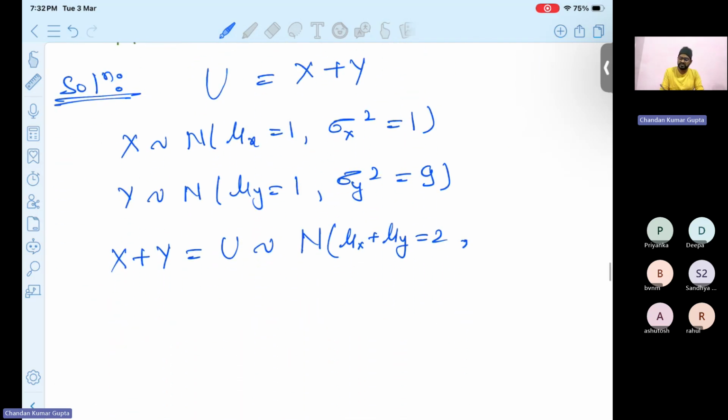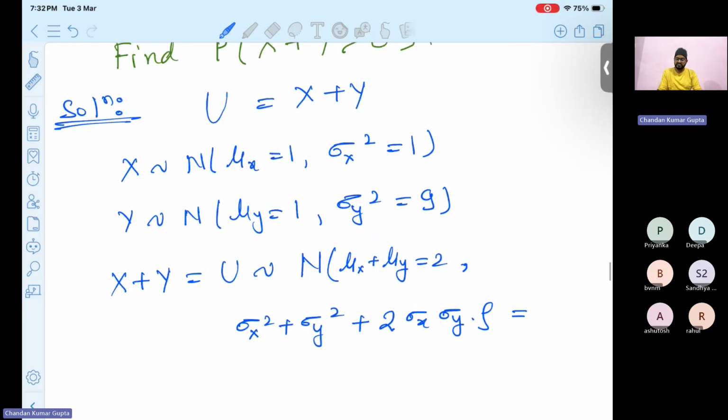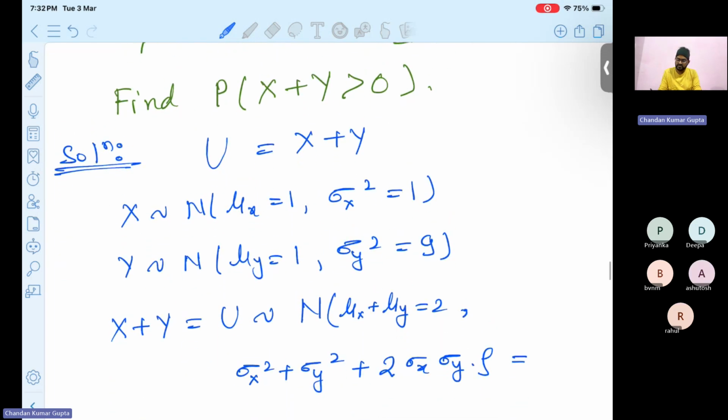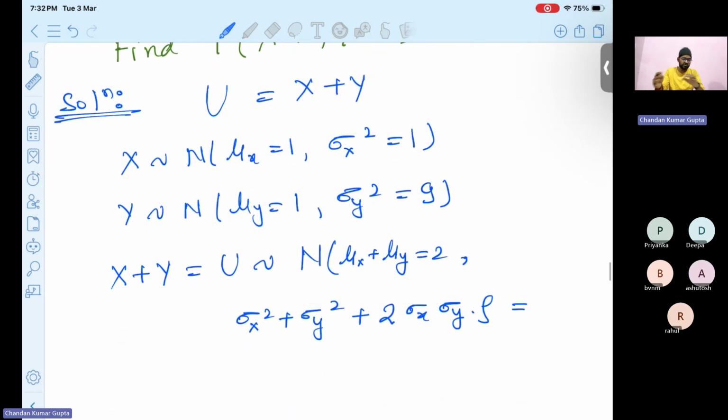So the general formula is: the mean is mu x plus mu y, and the variance is sigma x square plus sigma y square plus twice sigma x sigma y times rho. You can use this value directly. Sigma x square is given as 1, sigma y square is 9, that is 10, plus 2 into half, that is 1, into sigma x sigma y, which is 3. So overall, it comes out to be 13.